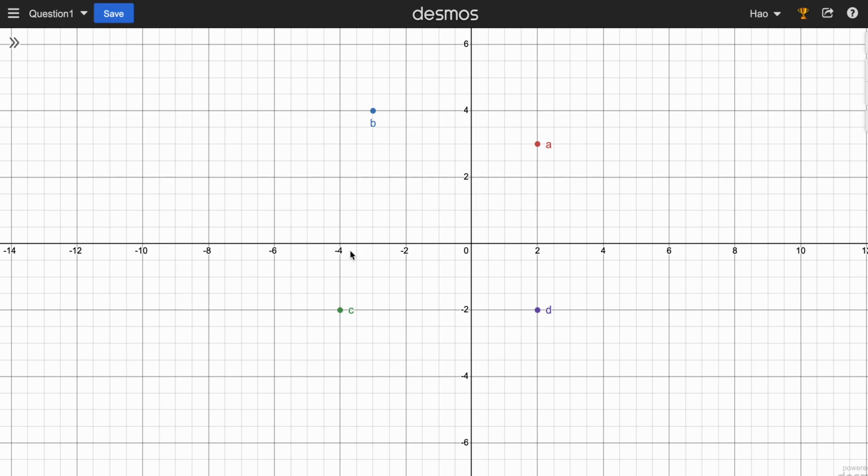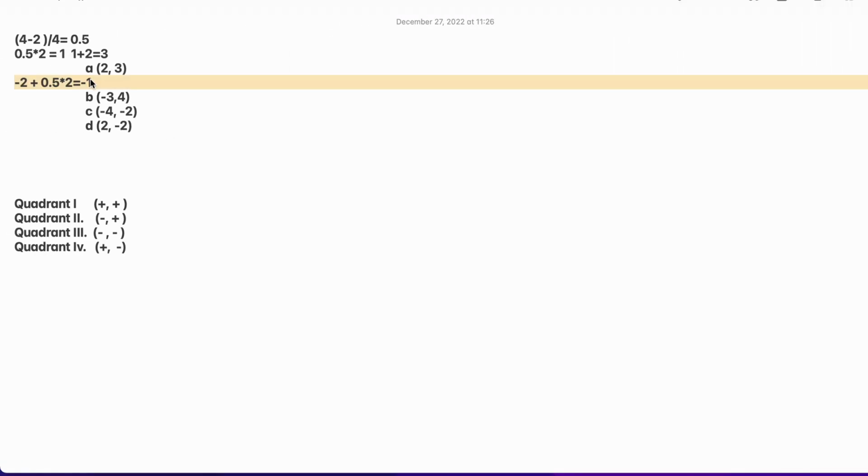Here is -4. So the x value of this point must be lower than -2. So we can't add; we have to minus it, and we have worked out that it's -3. So the coordination of B is -3 and 4.